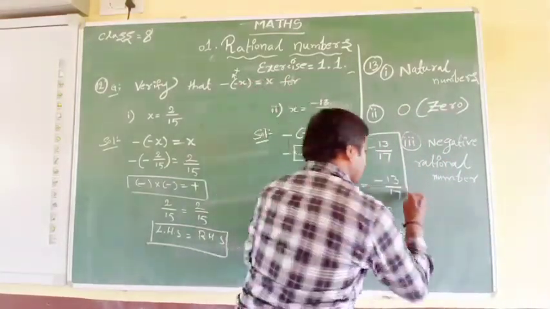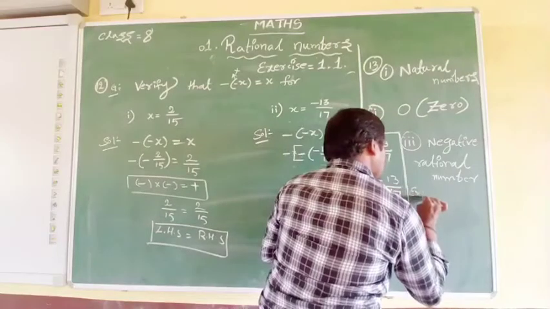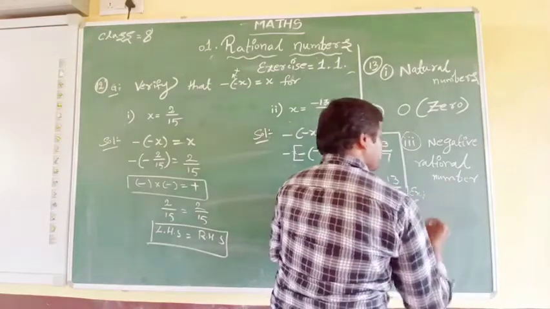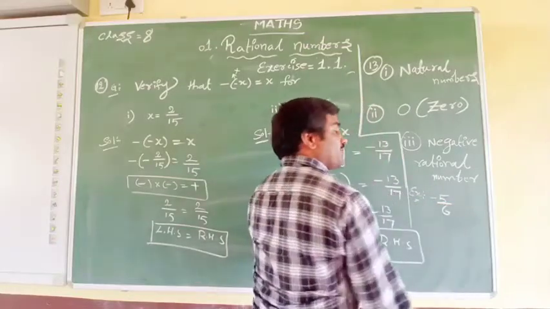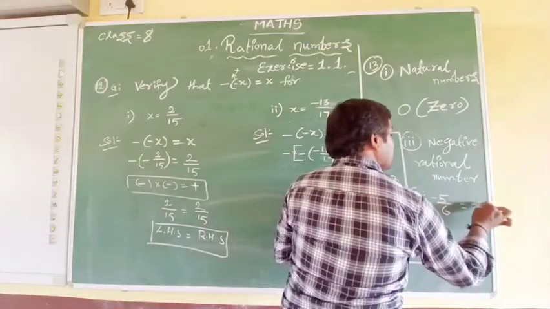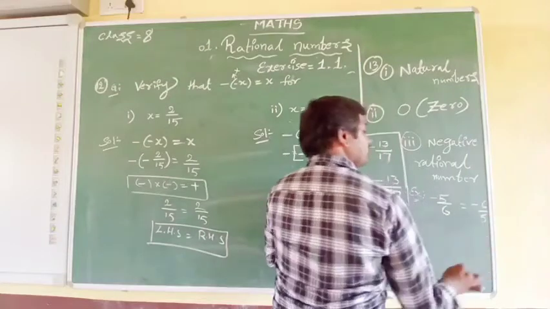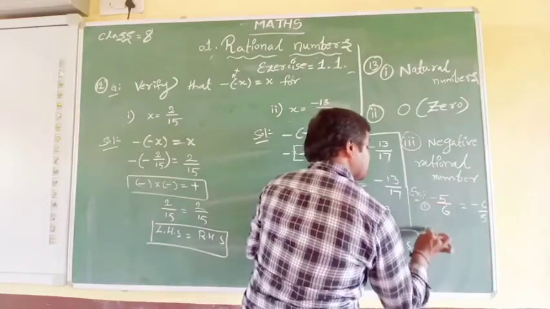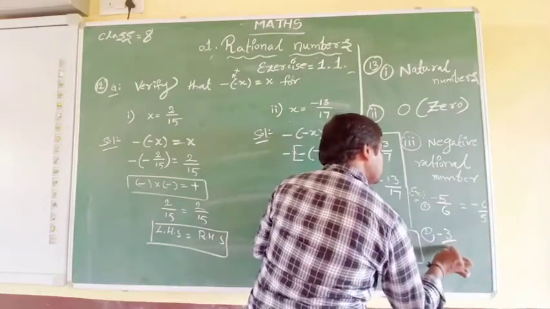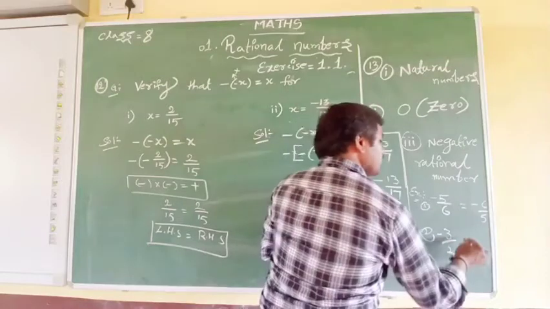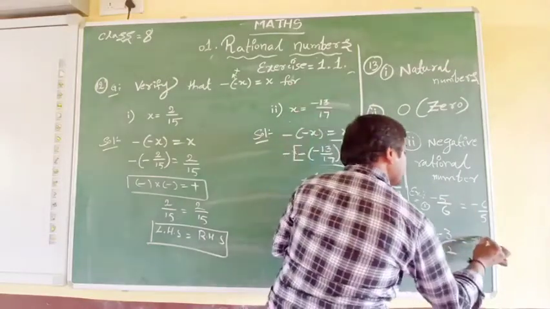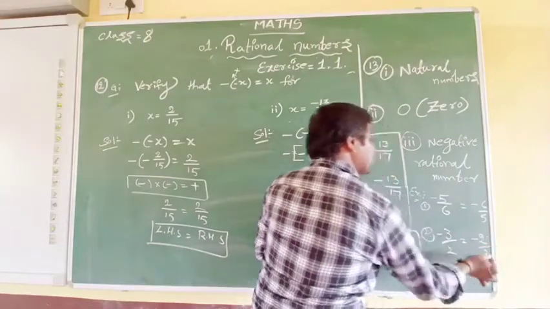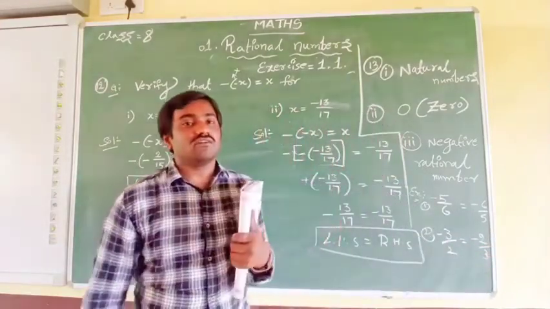For example, minus 5 by 6. The reciprocal of minus 5 by 6 is minus 6 by 5. And the second example, minus 3 by 2. Here it is a negative rational number, and its reciprocal is also a negative rational number.